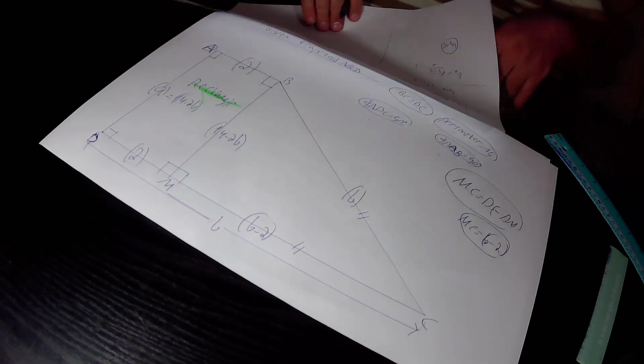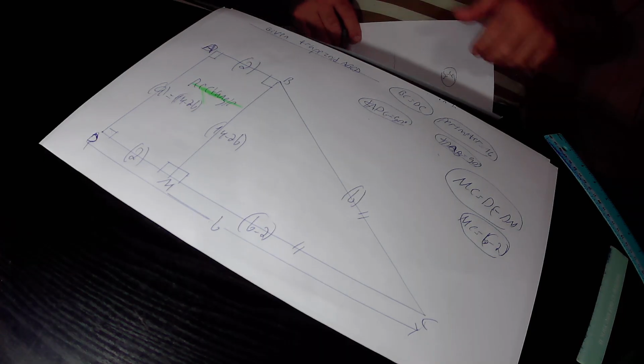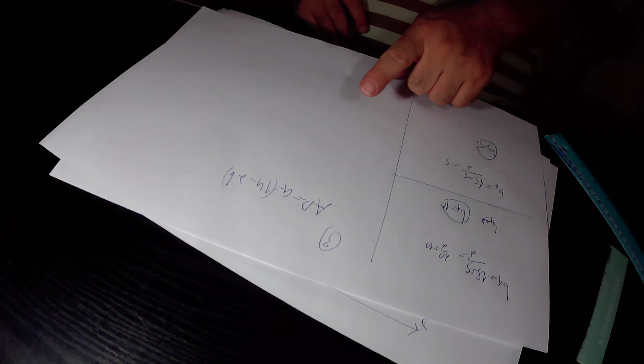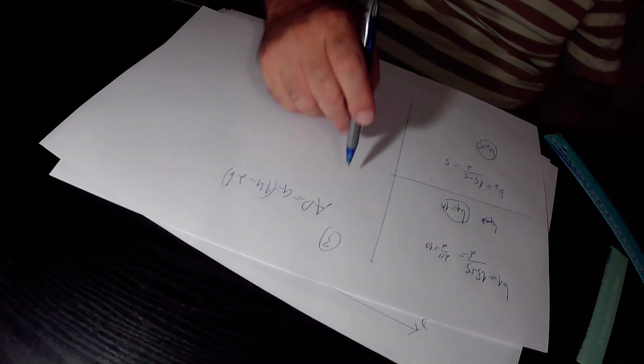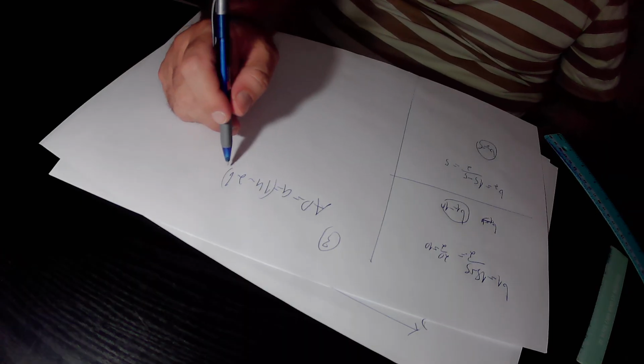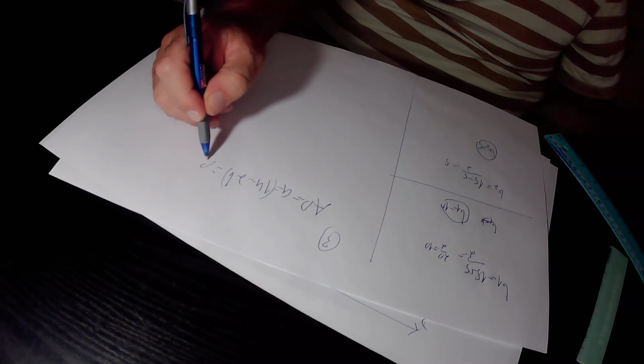AD is one side of trapezoid ABCD, therefore AD is a length, it must be a positive number.